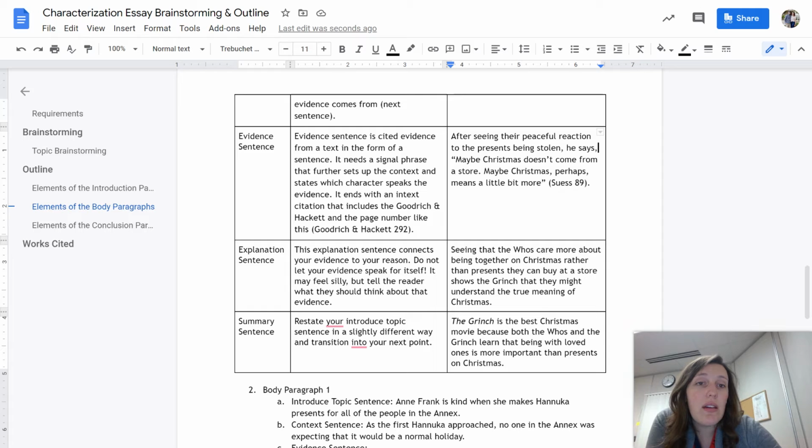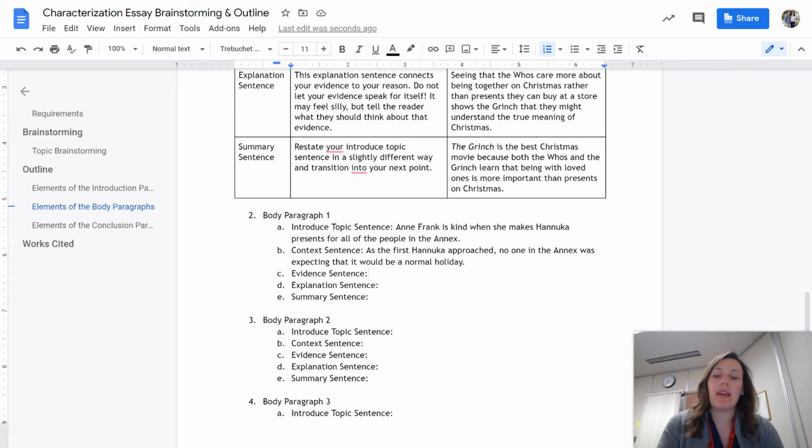So we can see this first part that ends with a he says, and that's referring to the Grinch. This is what I'm going to be looking for in your paragraphs: the quoted evidence that has quotation marks around it, and then the citation that has the author's last name and page number, just like here.